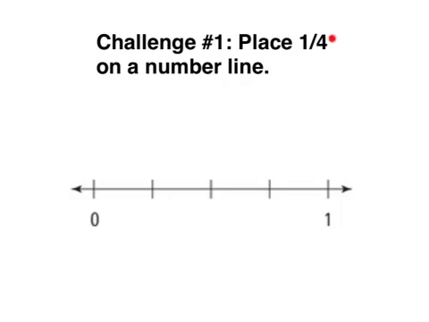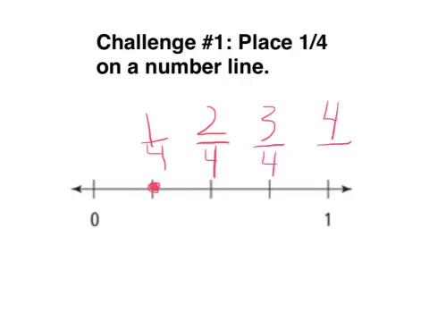We want to go 1 out of those 4 steps, 1/4 of the way. And so 1/4 on our number line would be right there. Of course, this would be 2/4 and 3/4. And 1 is the same as 4/4, right? 4 out of the 4 steps it took to get from 0 to 1 would be right here.